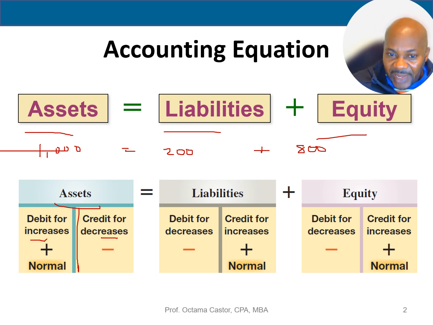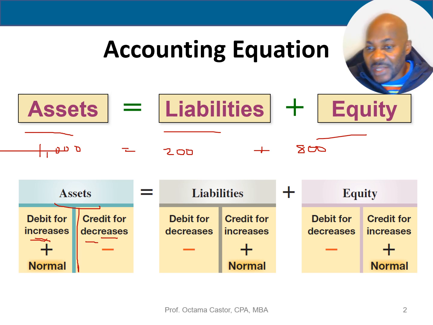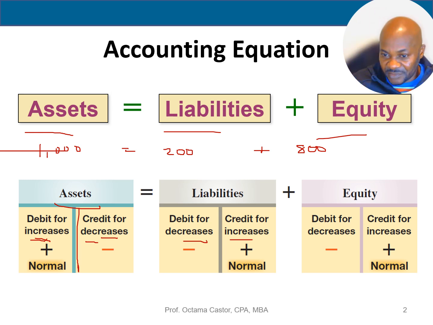For an asset account, a debit is an increase and a credit is a decrease. For liabilities and owner's equity, a debit is a decrease and a credit is an increase. If you look at the side that increases the account, you see why it says normal, because the side that increases the account is its normal balance.